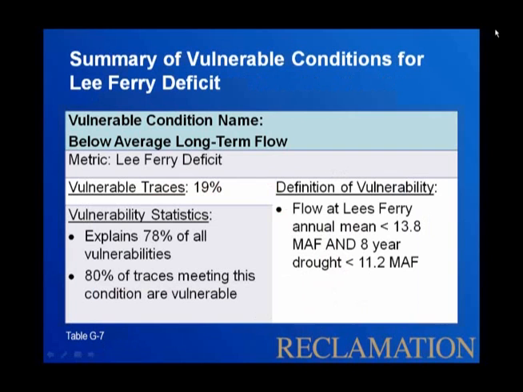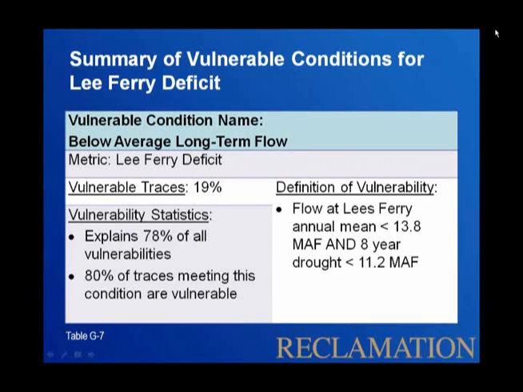So if we move forward, we'll actually look at a few summary statistics of that plot. On the right, we actually see the definition of vulnerability again. Recall that the long-term flow has a mean of 13.8 or less, and the 8-year drought has a mean of 11.2 million acre-feet or less.